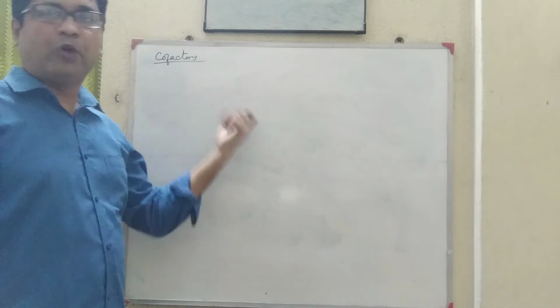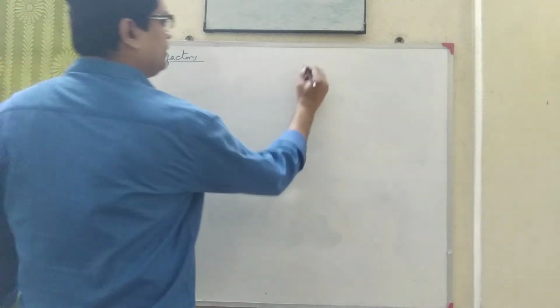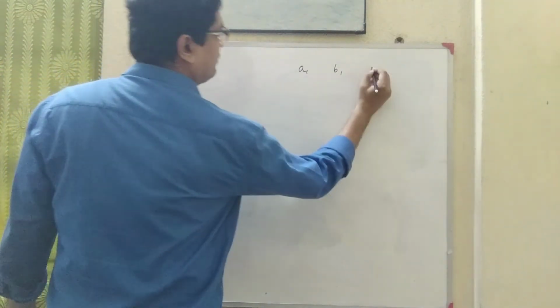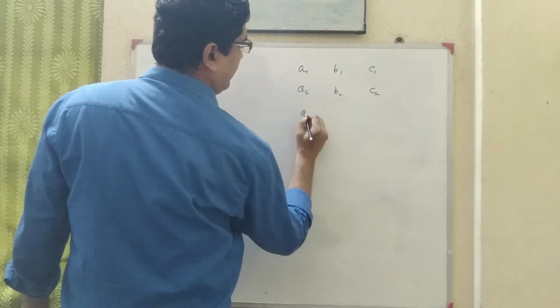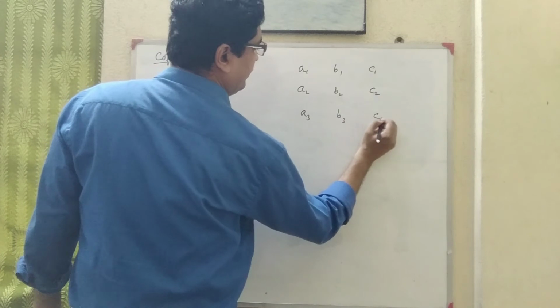Cofactors are nothing but minors with proper sign. So suppose the third order determinant is A1, B1, C1, A2, B2, C2, and A3, B3, C3.